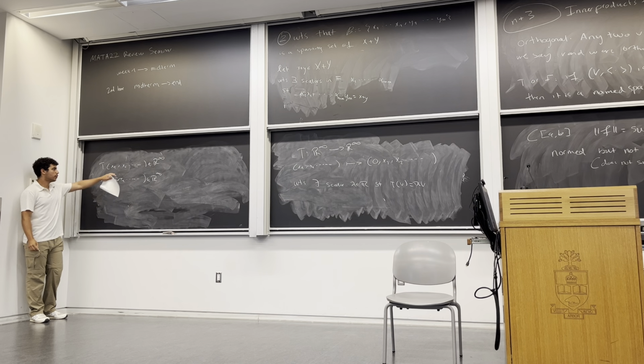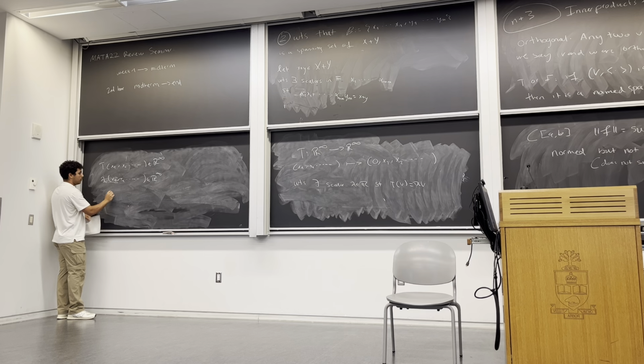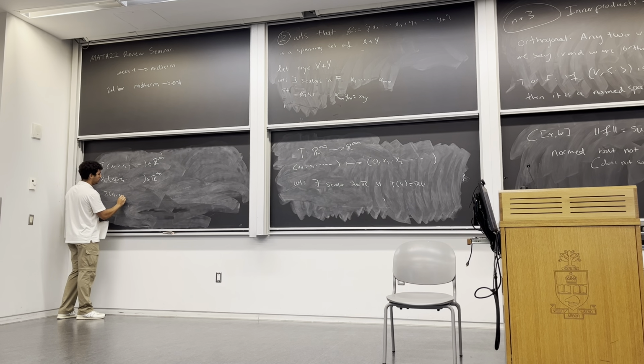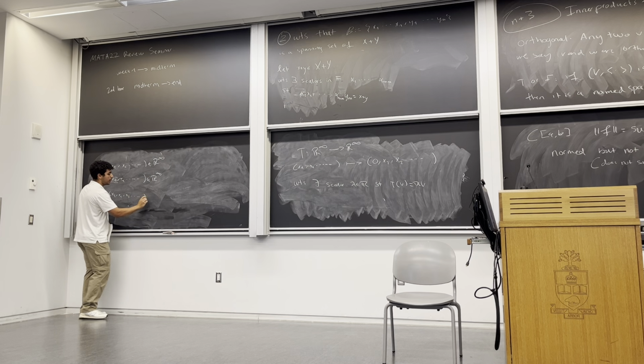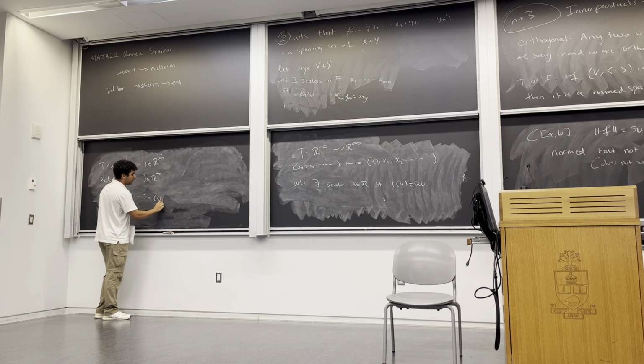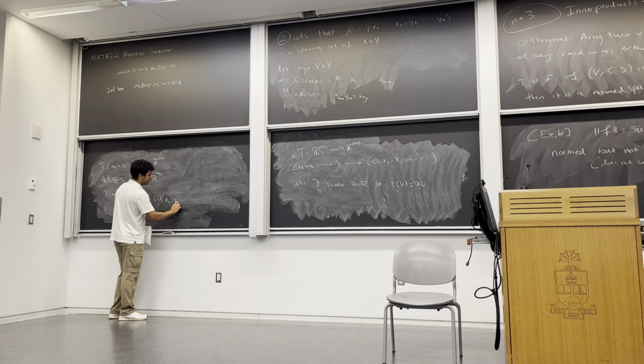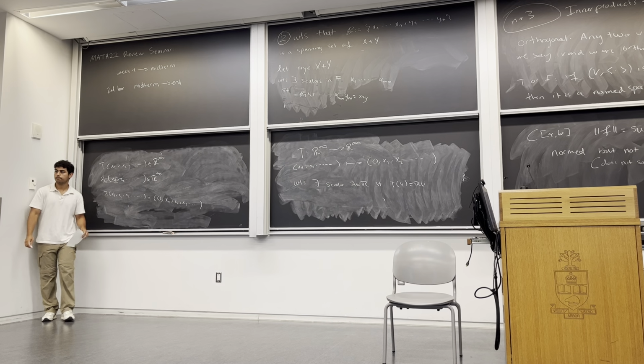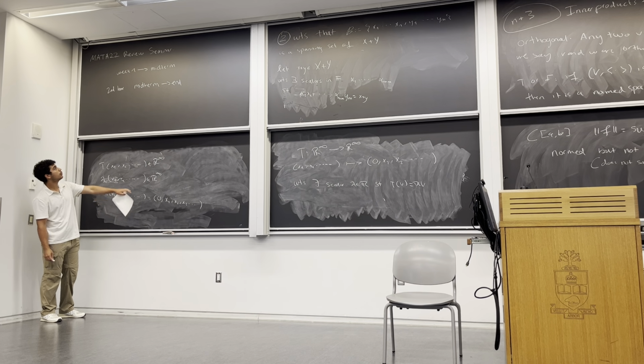So if we want to equate them, we're going to have lambda times (x1, x2, x3, ...) equals (0, x1, x2, x3, ...), right? We want an eigenvalue that's going to represent our transformation. Okay, so let's set up the system of equations.